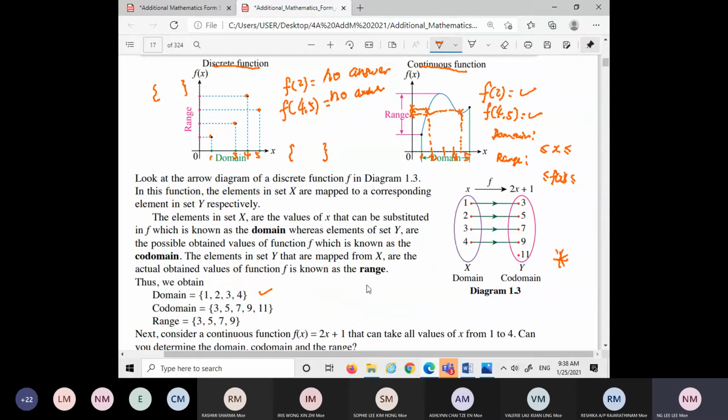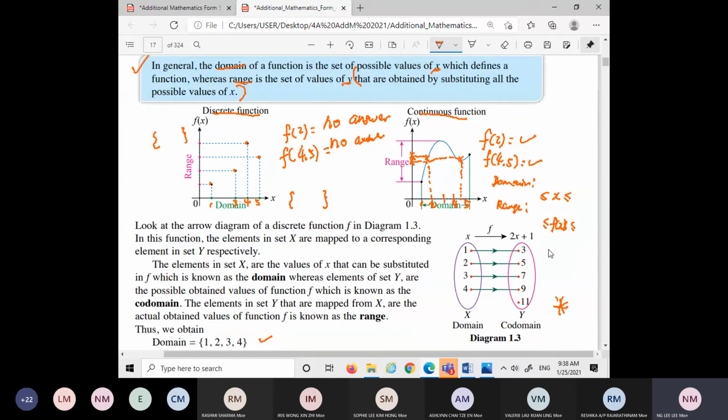The range will be the y value that, I repeat, is obtained by substituting all the possible values of x. I go up a bit. The one I highlight, the one I put brackets on, the range is the value of y that are obtained by substituting all the possible values of x.